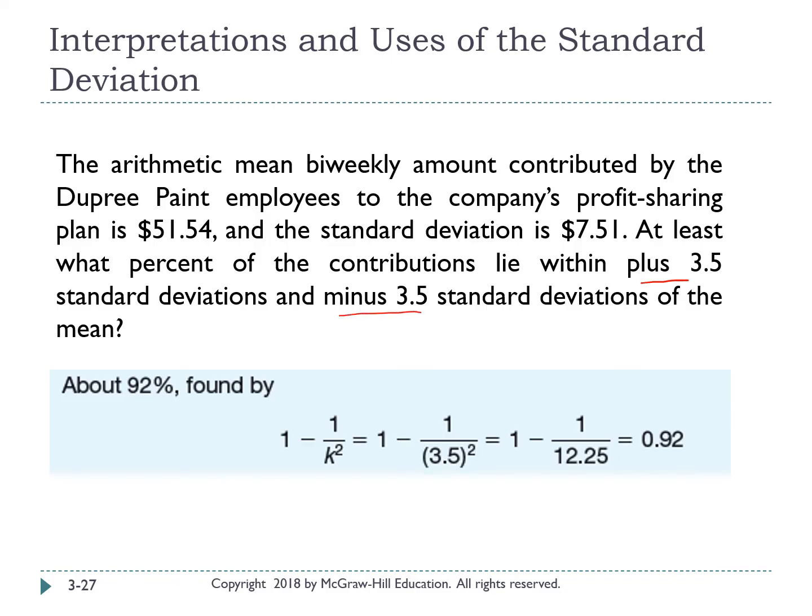So we can just apply the formula of Chebyshev: 1 minus 1 over k squared. k, as I told you earlier, refers to the number of standard deviations, which here is 3.5. So just replace k with 3.5. By computing this, your answer should be 0.92. Because we are talking about percentage, times this answer by 100, so you will get about 92%.